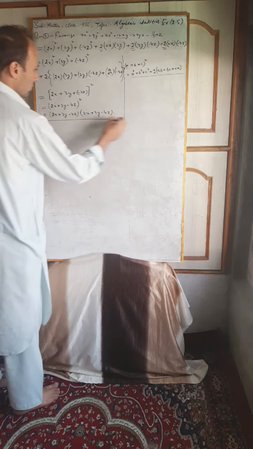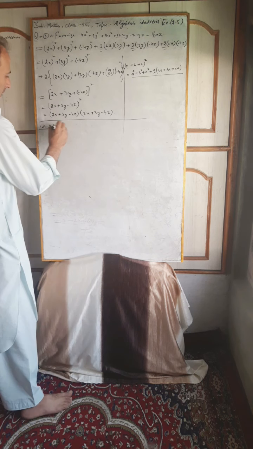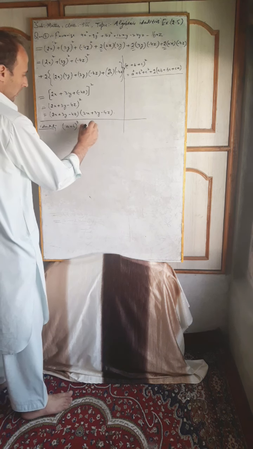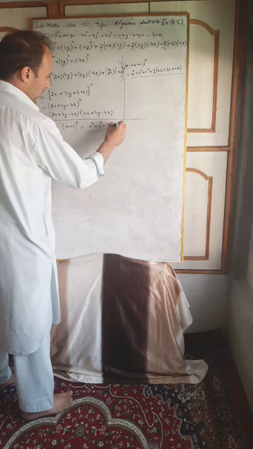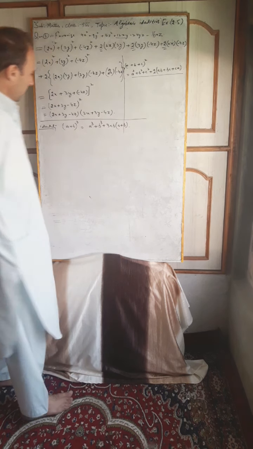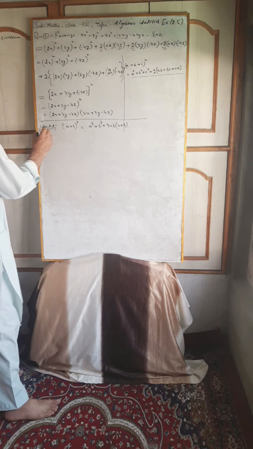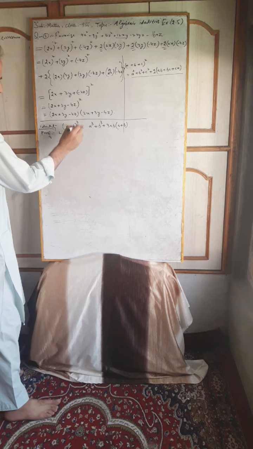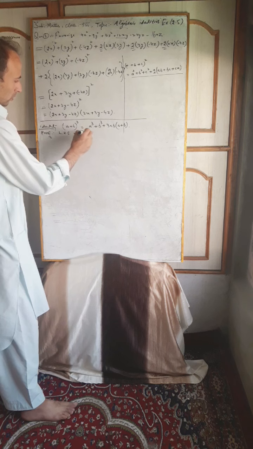Now next we will prove an identity. The identity is like this: a plus b whole cube is equal to a cube plus b cube plus 3ab into a plus b. Here, for proving this, we will consider the left hand side. Left hand side of this identity is equal to a plus b whole cube.